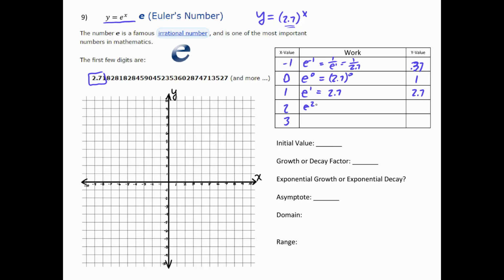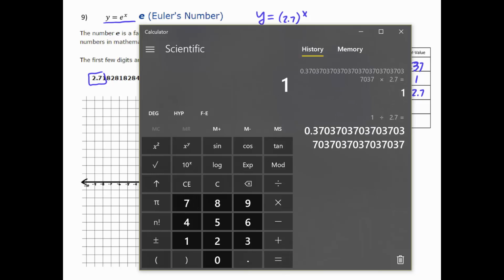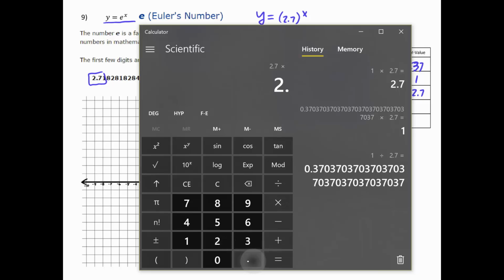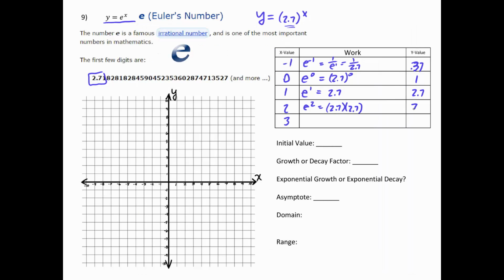If I take e squared, e to the second power, that just means 2.7 times 2.7. So I'm just multiplying as I go along. Literally, I could times 2.7 by that answer, and I get 1 times 2.7. I get 2.7 times 2.7. Just keep going. I get 7.29.